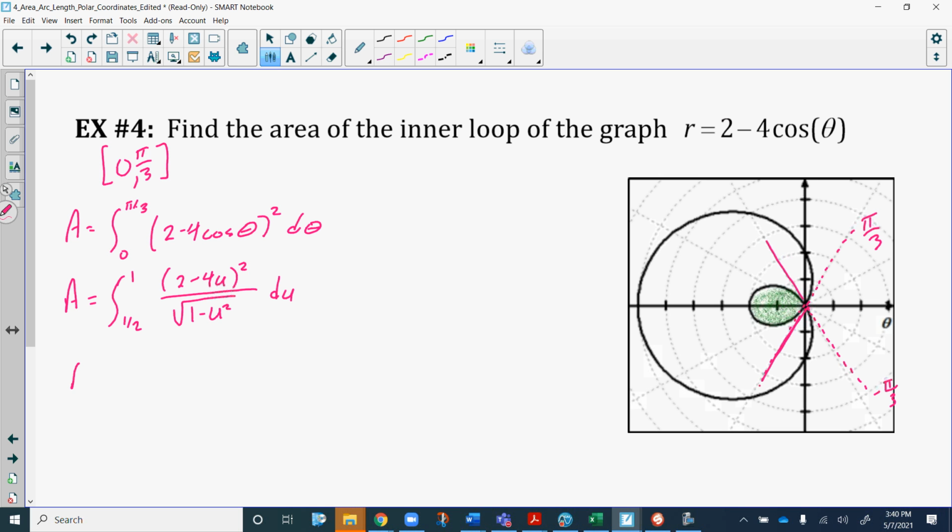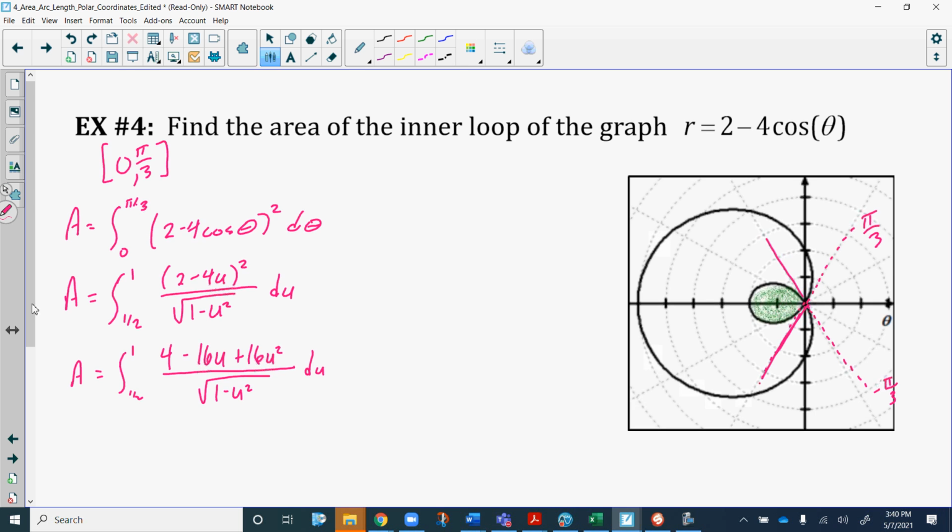So if I expand the binomial in the numerator, 1/2 to 1, I'm going to wind up with 4 minus 16u plus 16u squared, all of it over the square root of 1 minus u squared du.